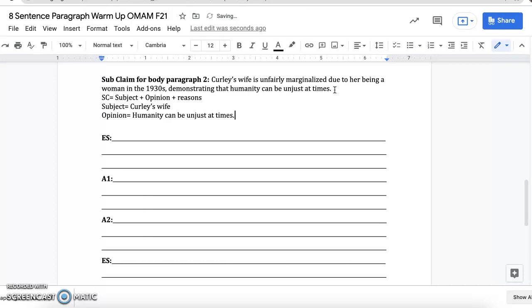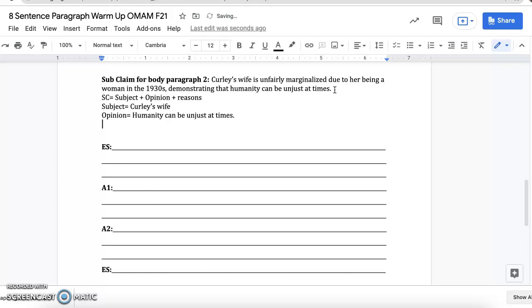And it's written in a different way in the main claim as well as in the other subclaim for the Curly paragraph. And that's on purpose because you don't want to repeat words or exact phrases over and over again in your essay. You want to make it sound a little bit different. So that's the opinion. And the reasons that we listed in this specific subclaim is that she is a woman in the 1930s, and that's the reasons.